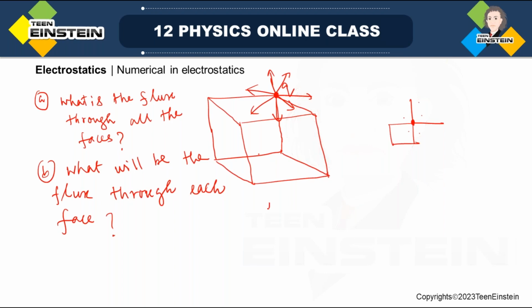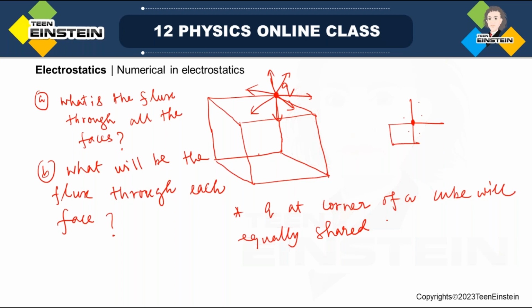So each cube at the corner will be equally shared by 8 cubes. If it is equally shared by 8 cubes, what will be the total flux through each cube, or for this cube?